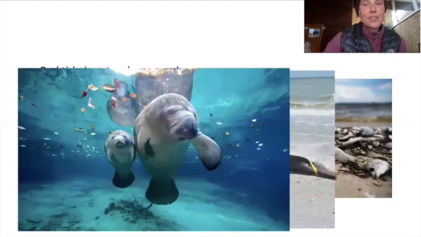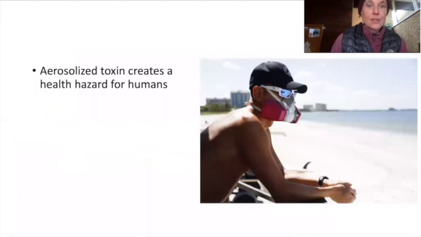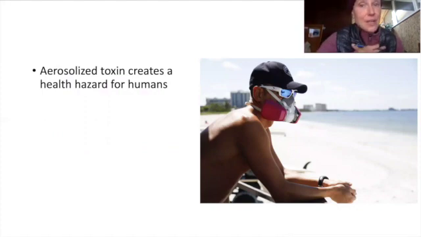It's not just killing shellfish and making humans wait for their clam chowder, but it's killing dugongs, it's killing all sorts of creatures. And not only is it toxic to eat, but these dinoflagellates release aerosolized toxins into the atmosphere that are really damaging to lungs. And so some beaches in Florida and places in the South, they're wearing elaborate masks.